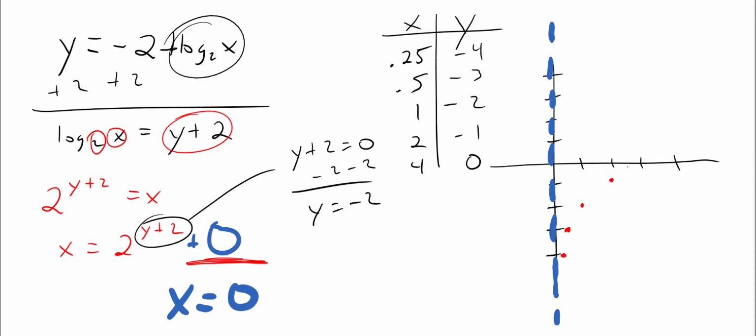And 4, comma 0. Sweet! Okay, that's it. It doesn't cross that blue line. That's your asymptote.